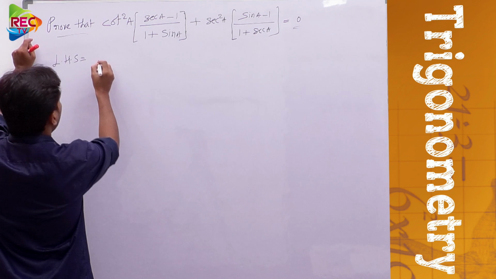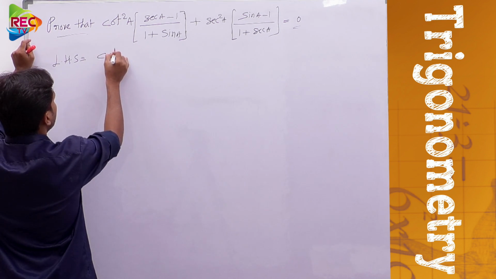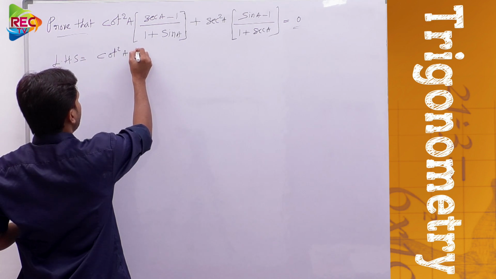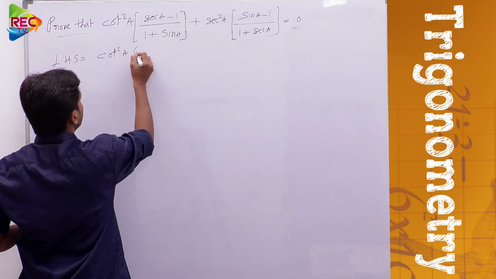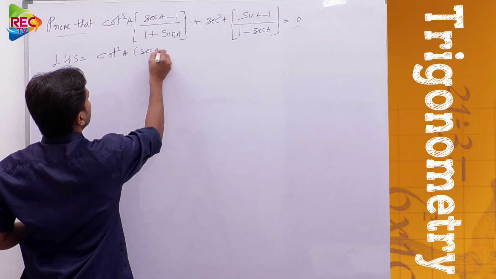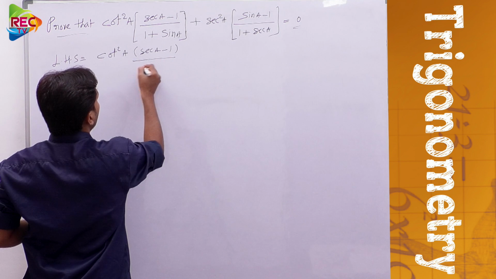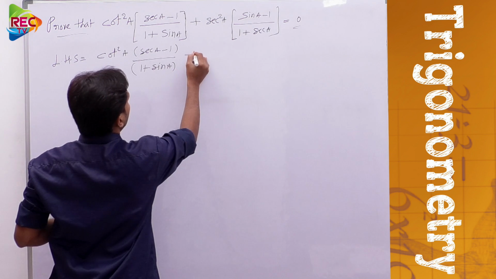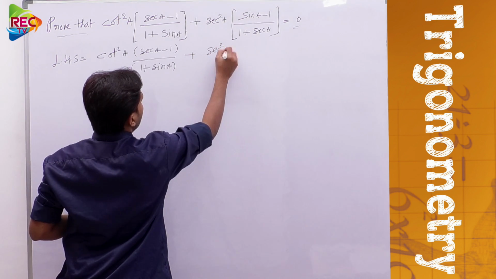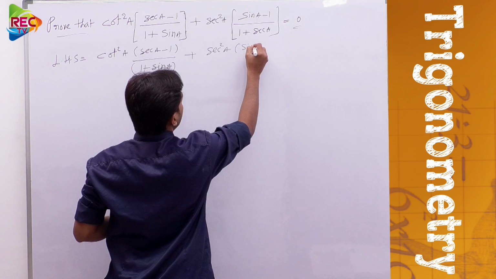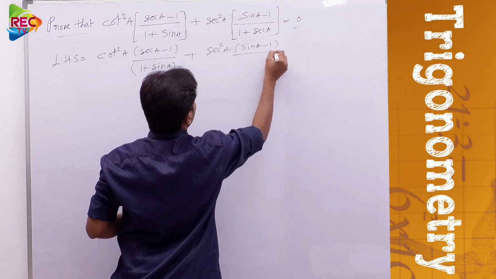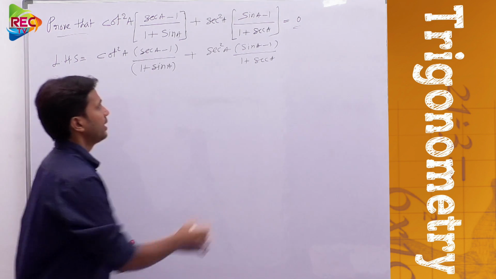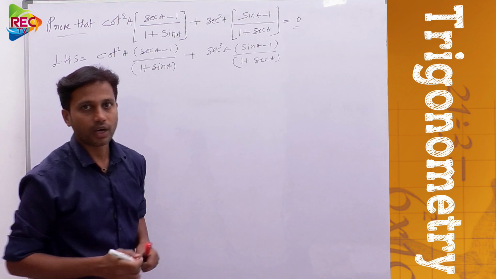Now here, cot square A into secant A minus 1 by 1 plus sin A, plus secant square A into sin A minus 1 by 1 plus secant A. This is our LHS part, we noted down.